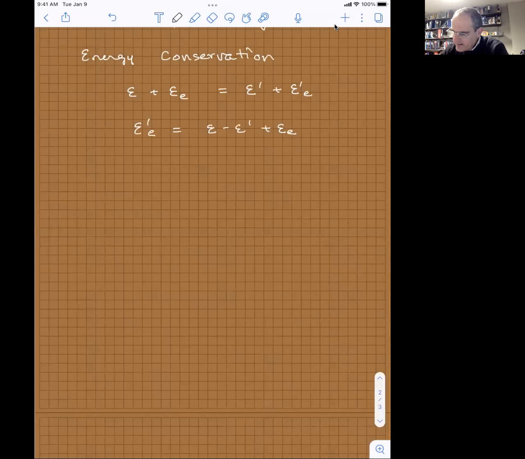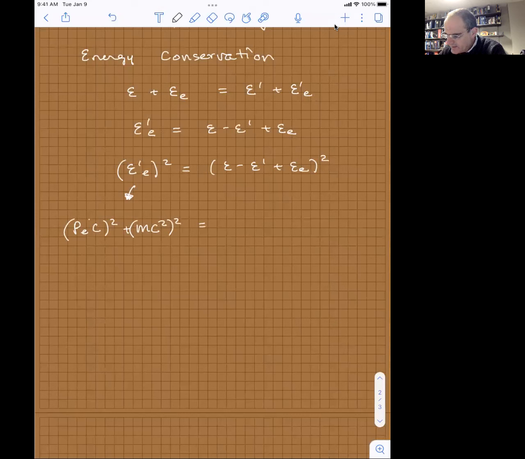And then I'm going to manipulate this into a form that's going to be useful in a couple of minutes. To do that, I'm going to square both sides. And then we can use the relationship we wrote down a moment ago. The square of the electron energy is its momentum times the speed of light squared plus mc squared squared.